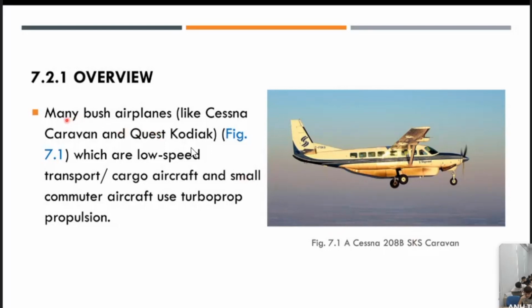As stated here, many bush airplanes like this Cessna Caravan, as well as the Quest Kodiak, which are low-speed transport or cargo aircraft, and small commuter aircraft normally use turboprop propulsion. In this example, it is a high wing. They have installed a front propeller there, and it has a turboprop engine.